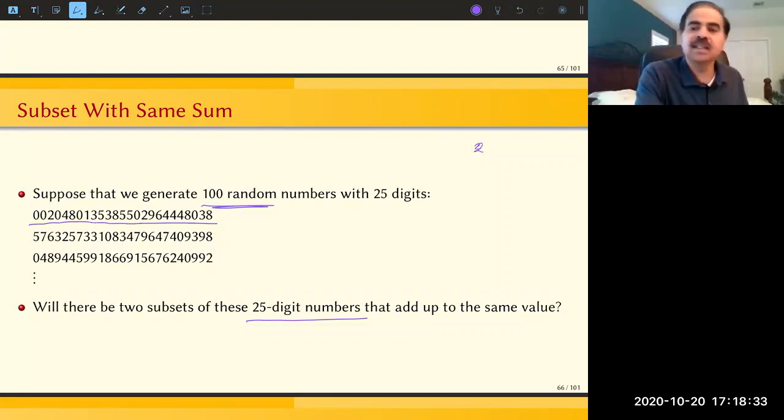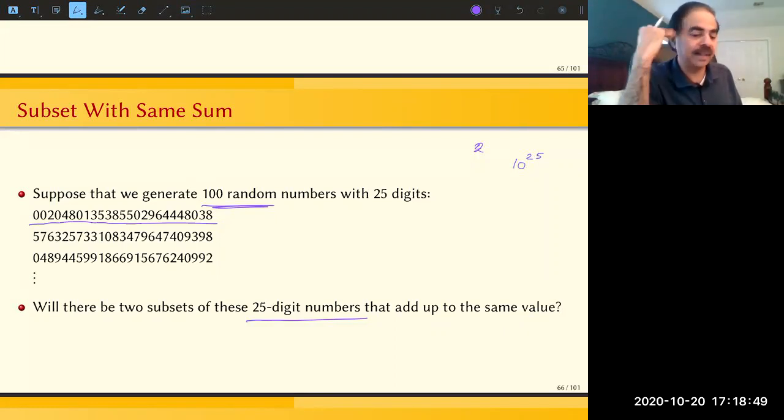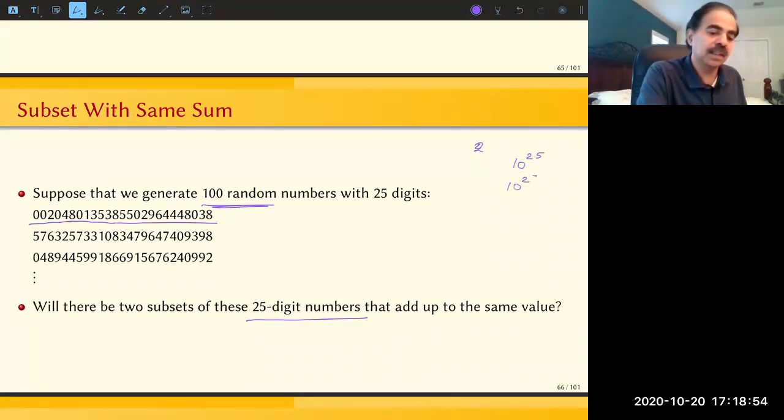Okay, so let's do this slowly. 25-digit numbers means 10 to the power 25 possible values. If you add 100 of them, your result is going to be a 27-digit number, so there are 10 to the power 27 possible sums.